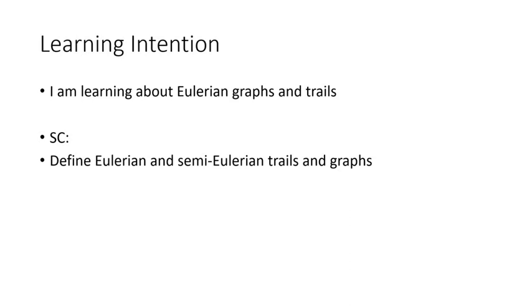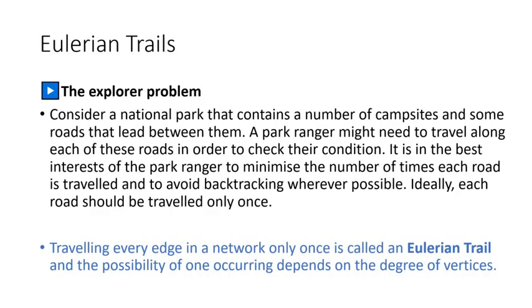Okay, so Eulerian trails, guys. Imagine you are a park ranger or something. You've got to visit campsites and the roads between them. You might need to travel along all of those roads to make sure that none of them are falling apart or anything like that.